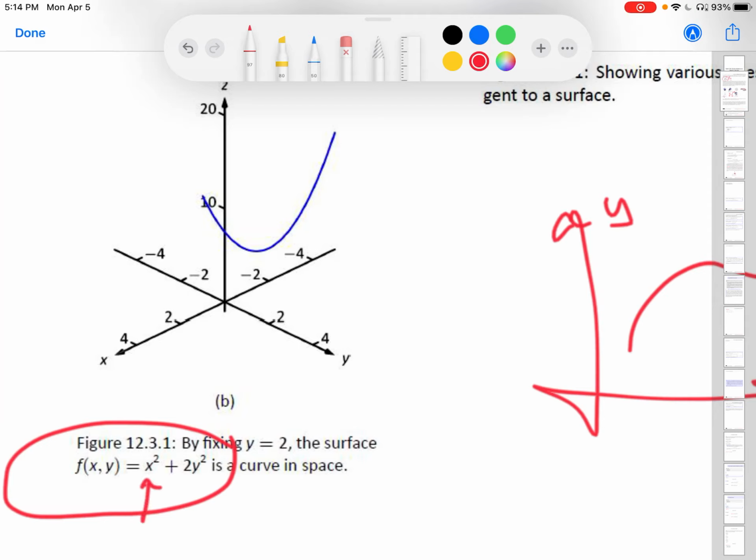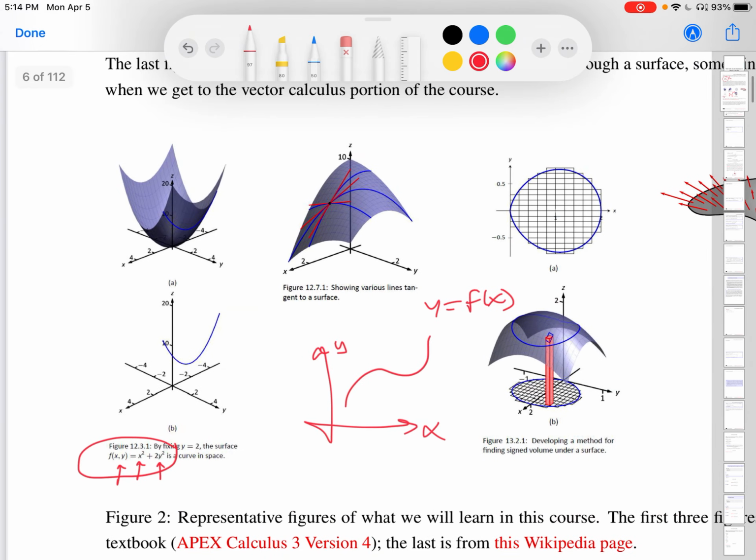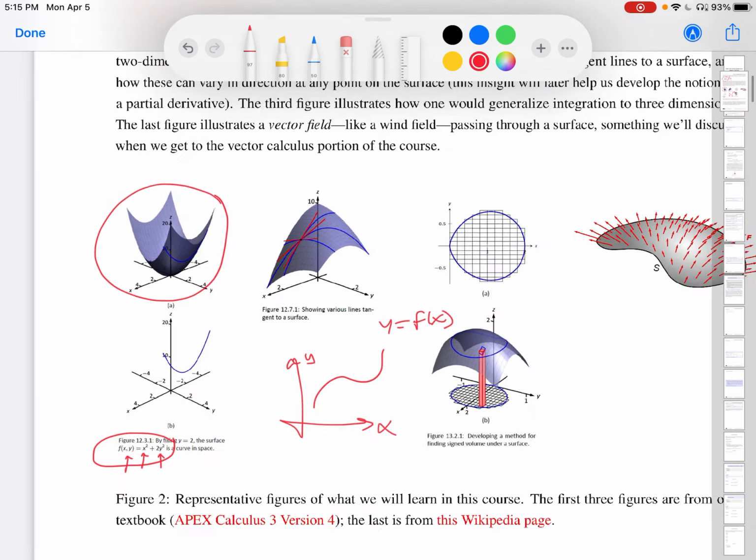We need 1 for x, 1 for y, and then 1 for the output. And the graph of this function actually turns out to be this kind of cup-shaped shape, which is somewhat reminiscent of what we call a paraboloid. So in other words, graphing in 3 dimensions is something that we're going to have to learn how to do. Thinking in 3 dimensions, even before graphing, is one stepping stone. We'll do some of that in this lesson.